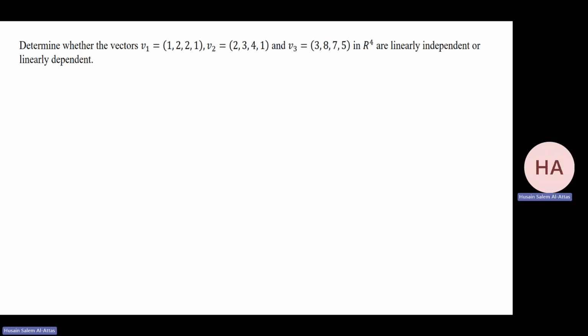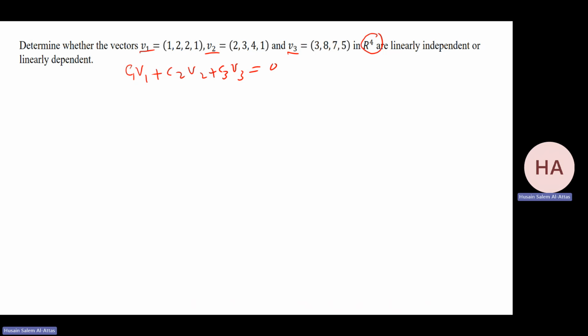Okay. Now let me remind you how to check whether these vectors are dependent or independent. We need to solve this system: C1 V1 plus C2 V2 plus C3 V3 equals 0. We have three vectors. Note these are in R4. If I can find C's, not all zeros, it means they are linearly dependent.